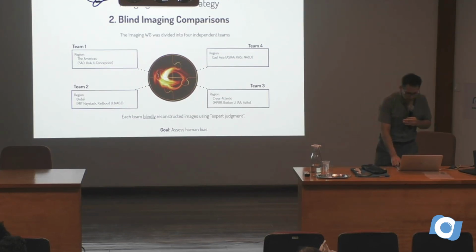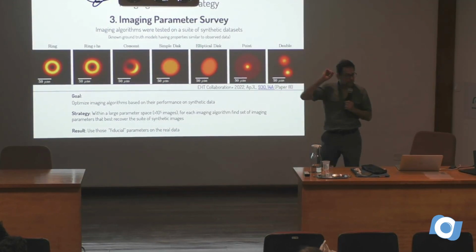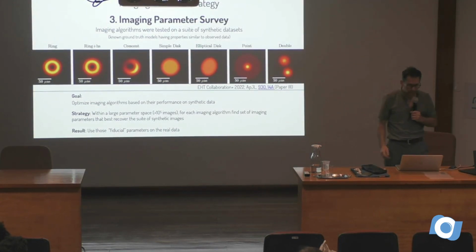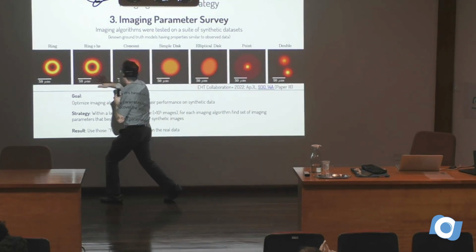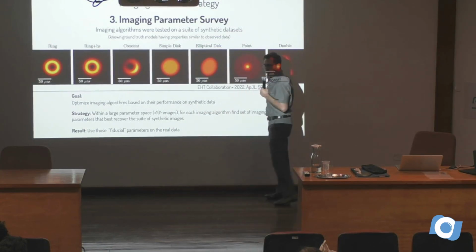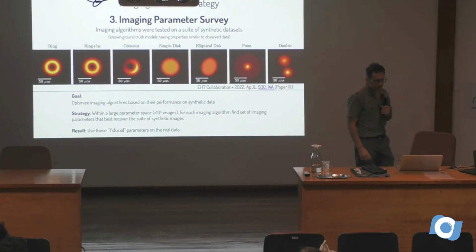So we did that, and then as a third step, we built a large suite of synthetic data to exercise our imaging algorithms used by the different teams. We considered 7 geometrical models that you see here. 3 are rings, okay, and other 4 are non-rings, but they are compatible with the data that we took.